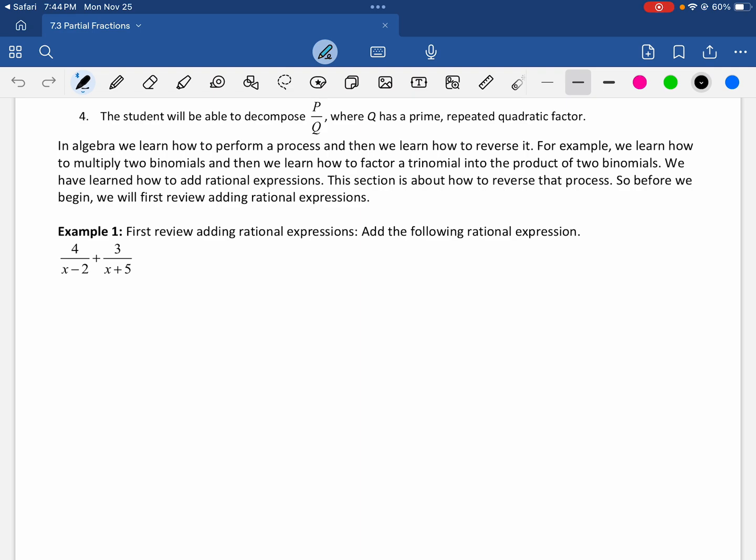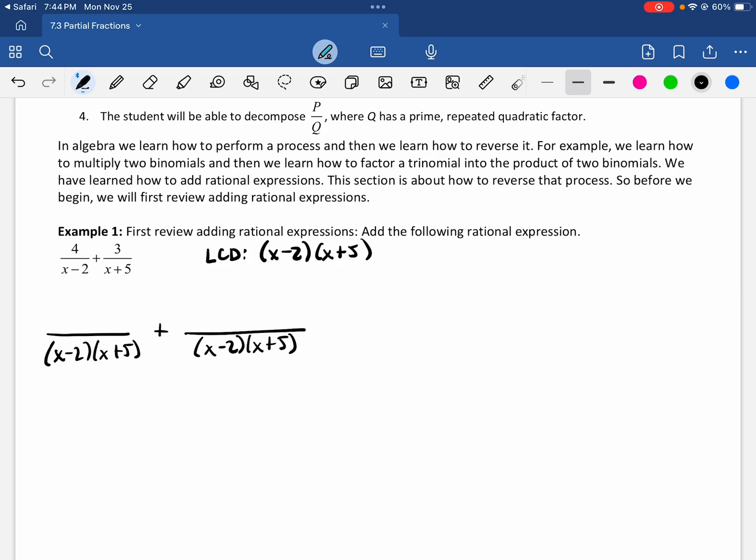To do this process, remember we had to have a least common denominator. Looking at these two, those two denominators are going to make up your least common denominator. So I have to figure out, for this first one, how that denominator became my common denominator.